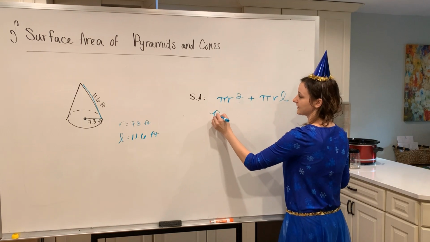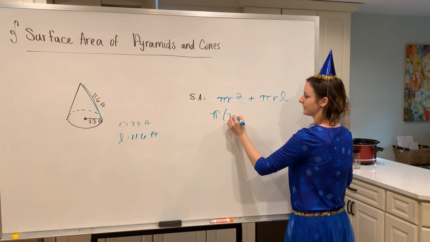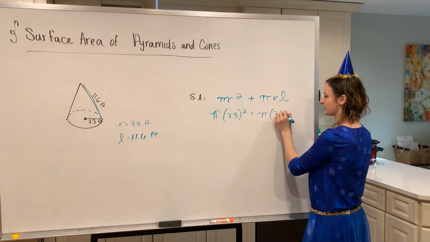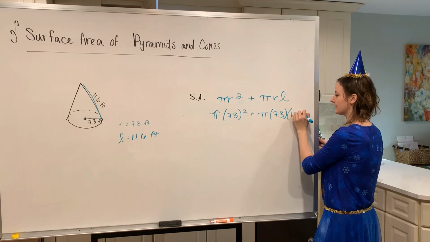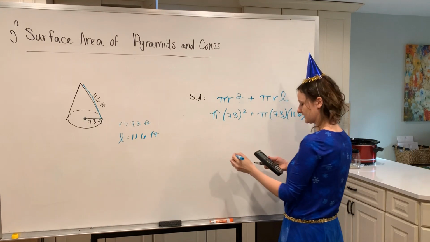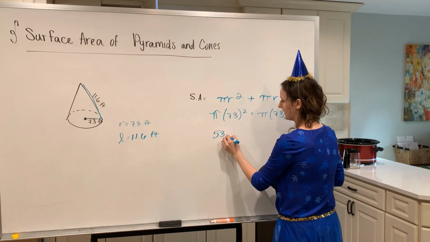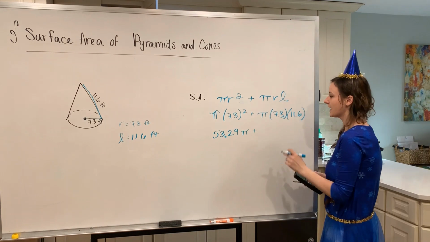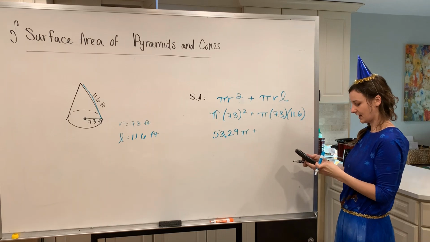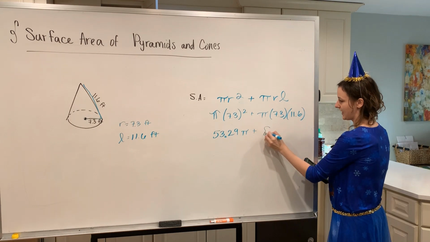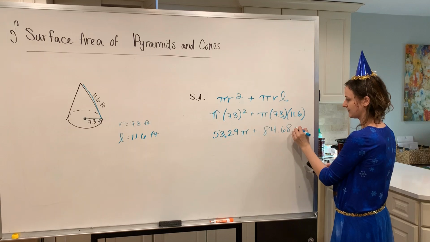I have pi times r, which is 7.3 squared, plus pi times r, 7.3 again, multiplied by 11 6/10. Now I'm ready to multiply. The 7.3 squared is going to be 53.29, and of course these are pi's, plus 7 3/10 times 11 6/10 is going to be 84.68 pi's.